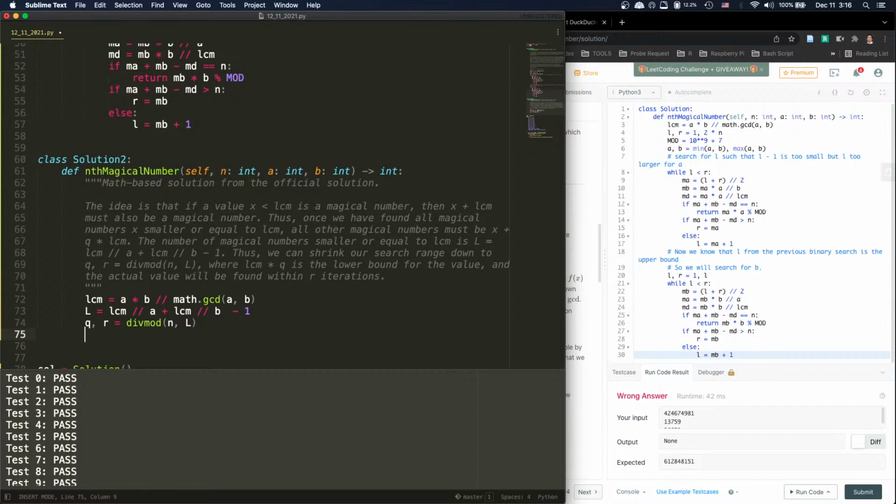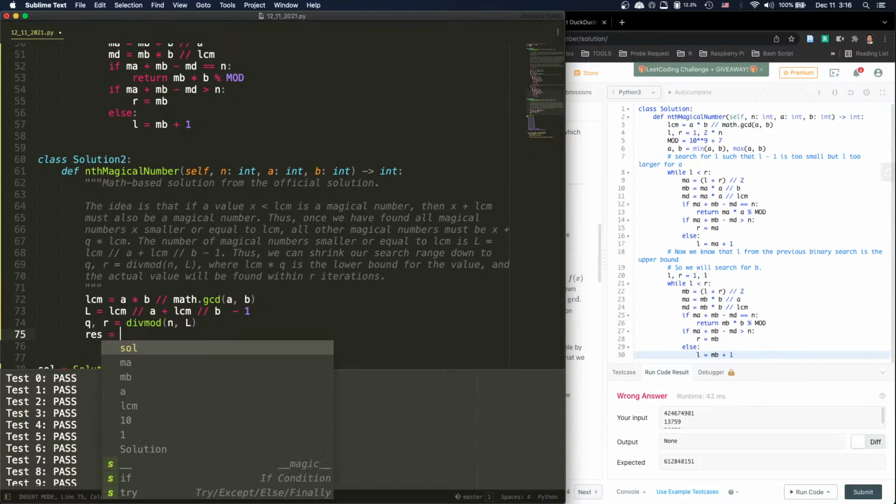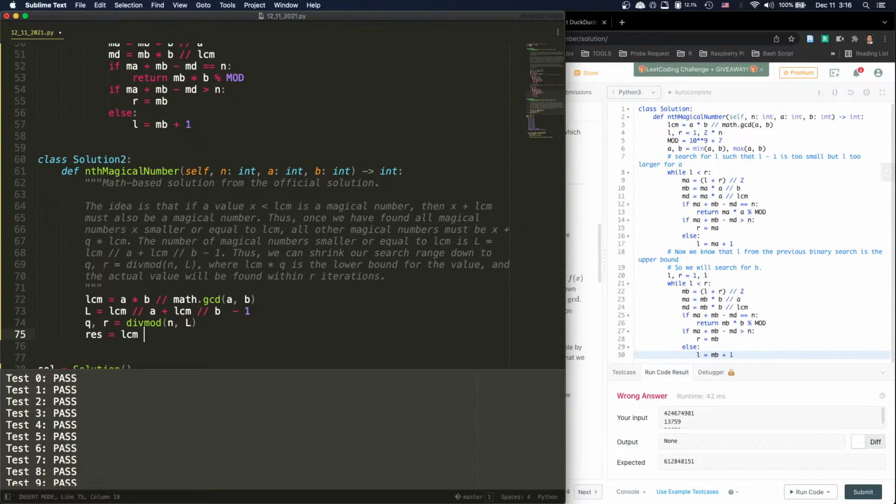So LCM times Q is a lower bound, right? Because I have remaining. So when I say res is equal to LCM times Q, actually do mod on this. Mod, right? Okay, let's do mod.